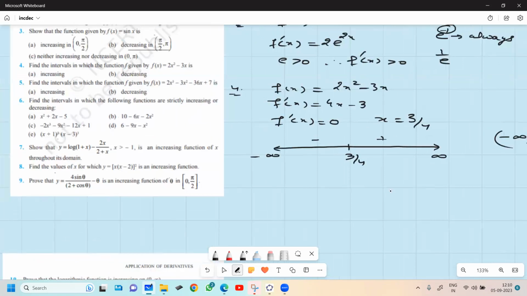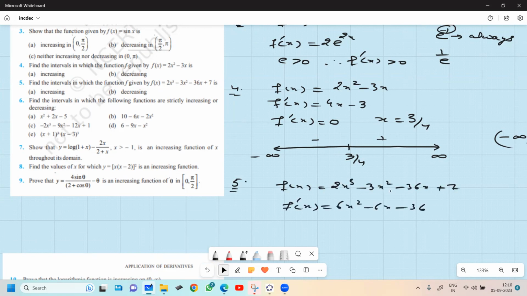Then the next function which I have just shown you on GeoGebra, f of x is equal to 2x cube minus 3x square minus 36x plus 7. So f dash x is 6x square minus 6x minus 36. So 6 is common: x square minus x minus 6.